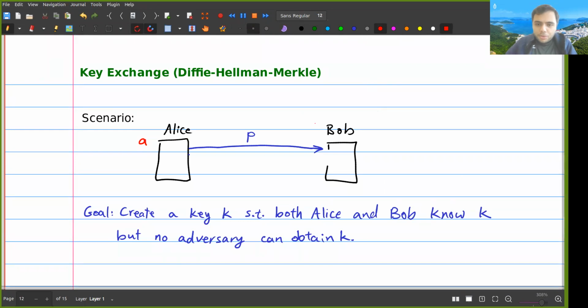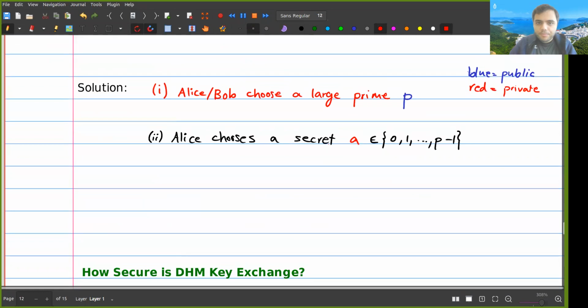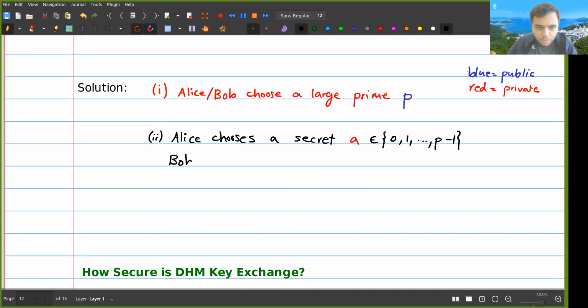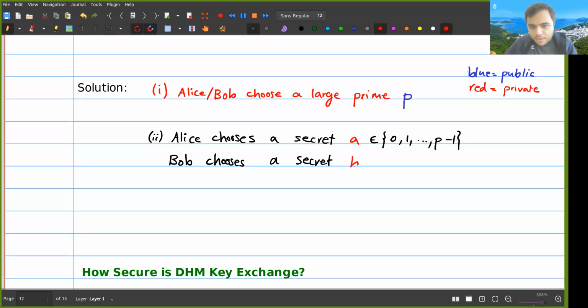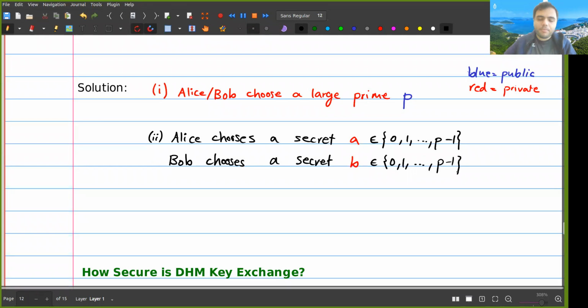And Bob also chooses a similar secret B. So let's say Bob chooses a secret, and because this is a secret, I'm writing it in red, and this is also from the set 0 to P minus 1.